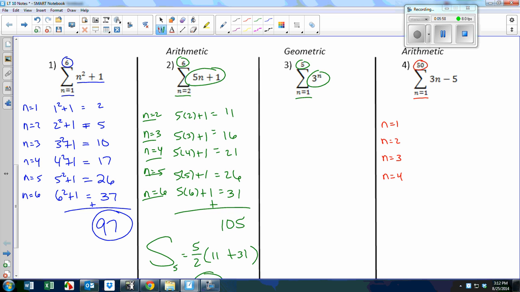So let's plug in a few n values: 3 times 1 minus 5, 3 times 2 minus 5, 3 times 3 minus 5, and 3 times 4 minus 5, to explore what kind of pattern this is. That gives -2, 1, 9 minus 5 gives us 4, 12 minus 5 gives us 7, and we can start to see that this pattern is adding 3. Therefore, it's arithmetic.